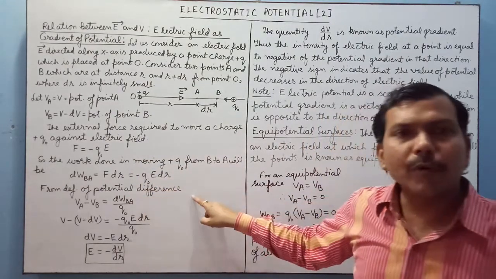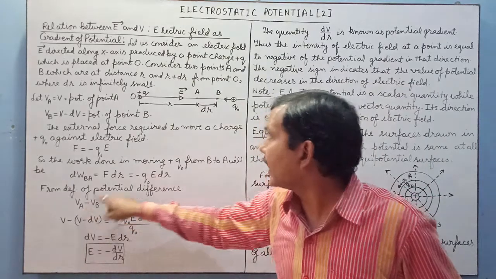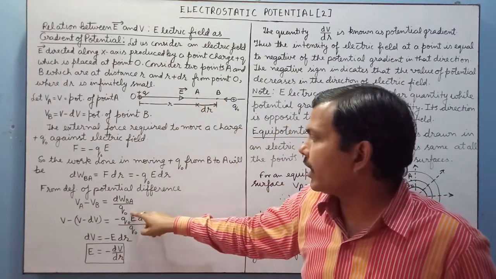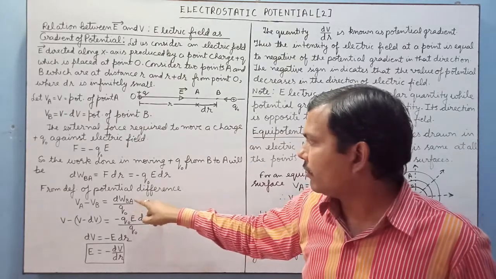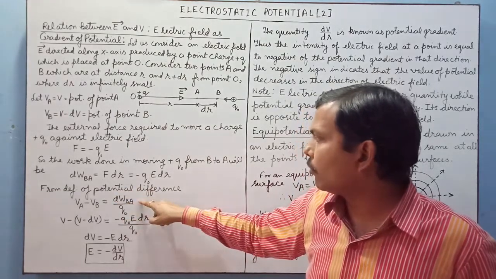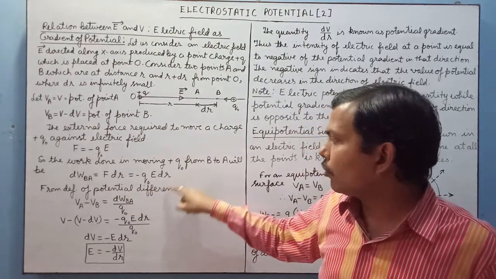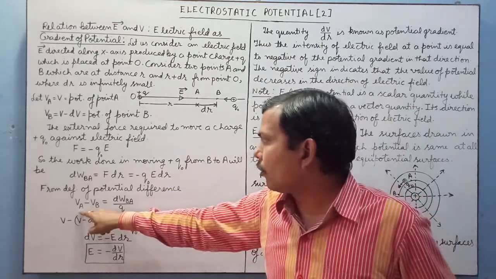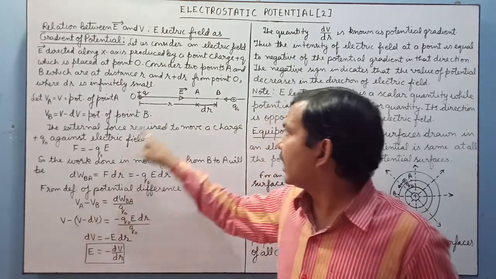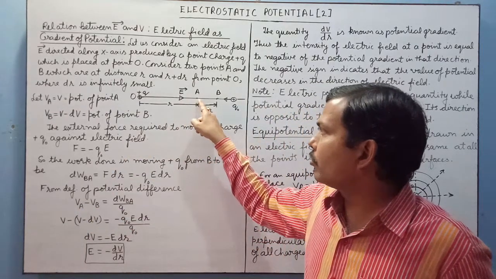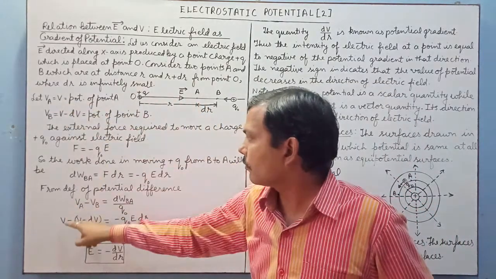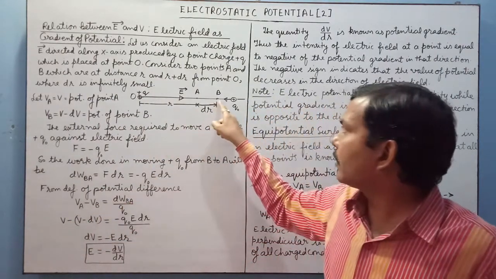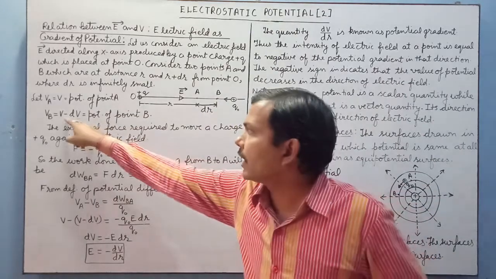From the definition of potential difference, we can write VA minus VB is equal to dWBA upon Q0. We will substitute the value of dWBA, that is minus Q0 E dr upon Q0, and the value of VA, the potential at point A, which I have assumed to be capital V, and VB, the potential at point B, which I have considered to be V minus dV.